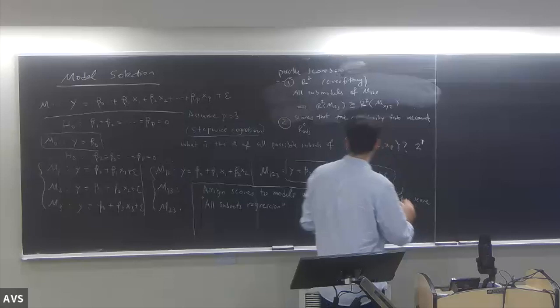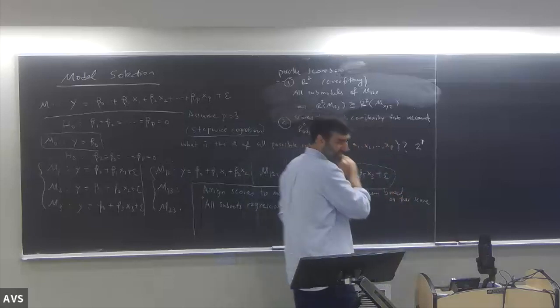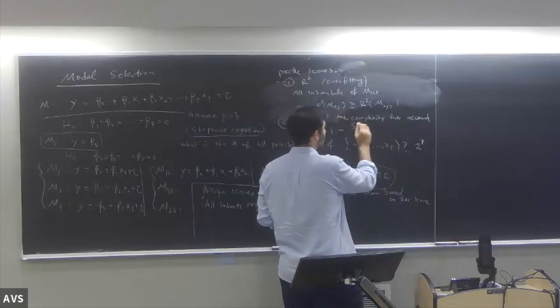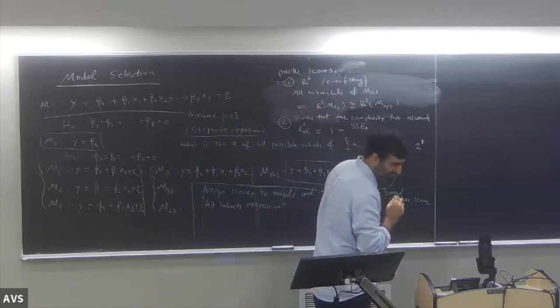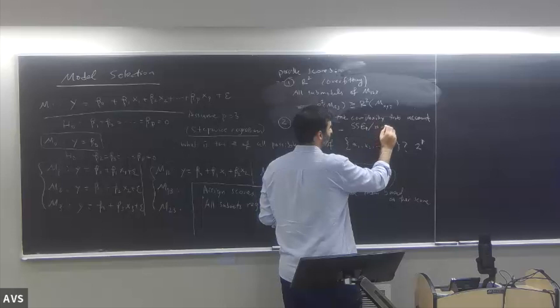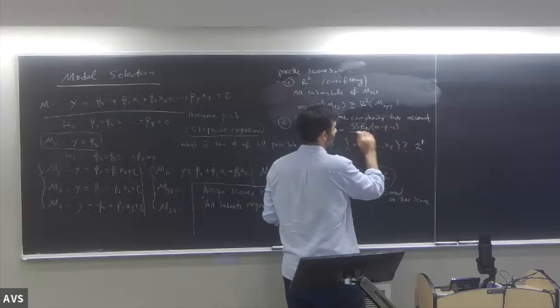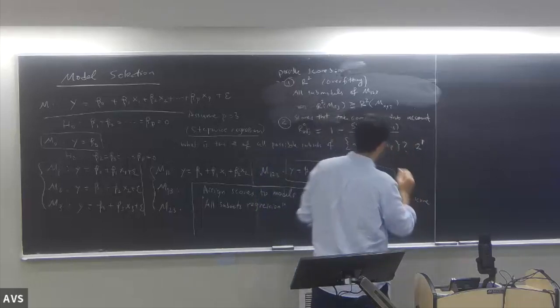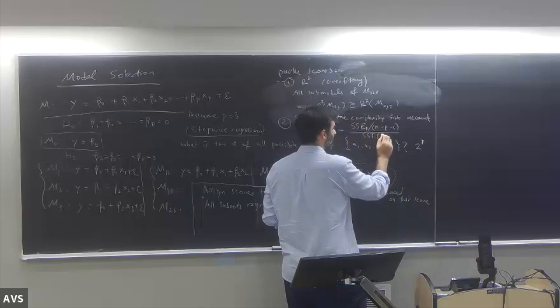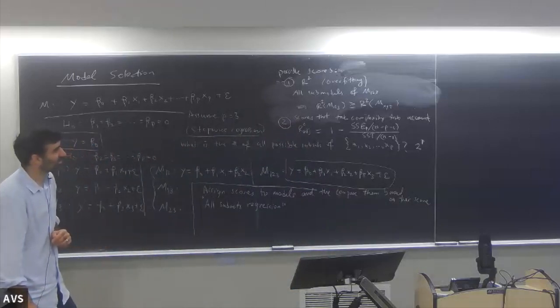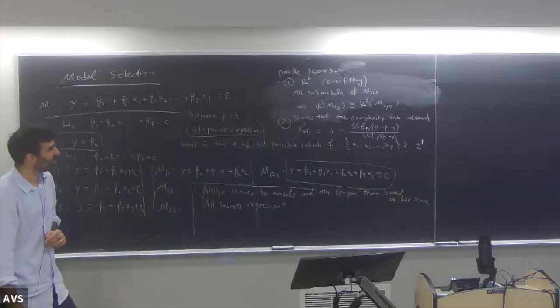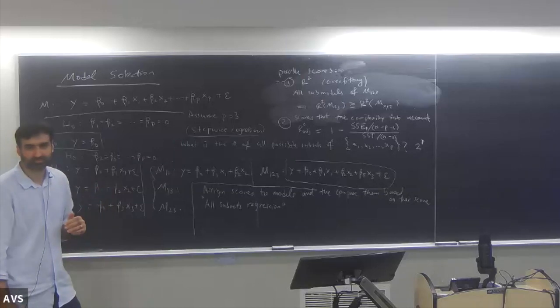It would be 1 minus SSE, and I also want to write p here because it depends on the number of parameters, divided by n minus p minus 1, and then SST divided by n minus 1. So you divide both the SSE and SST by the degrees of freedom.